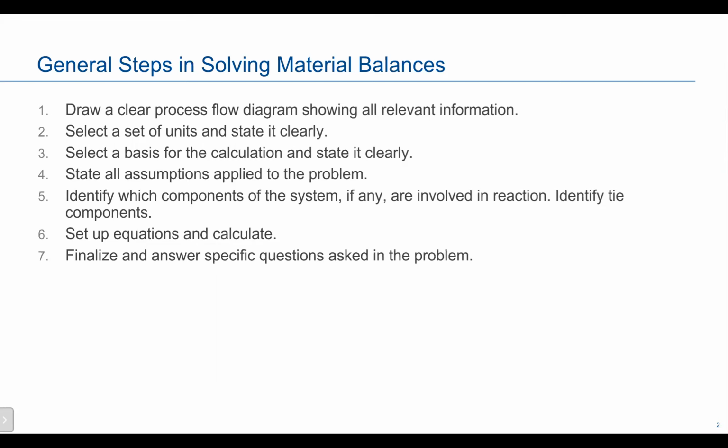So may mga components kasi na hindi naman pampagulo really, but they are there, let's say nitrogen or maybe some catalysts. So they are not participating in the reaction, but they are there. So you have to account for these values. Okay? You have to identify the tie component. So anong ibig sabihin ng tie component? Yung tie component, okay?